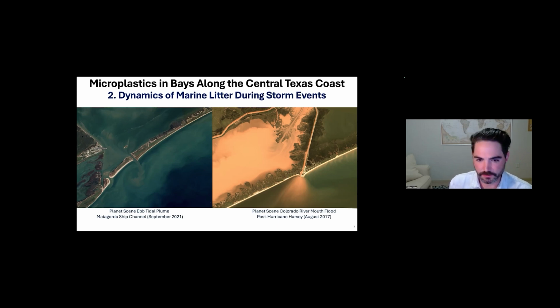So to summarize the first part, our lagoons are not as sticky as we thought they would be, as the geologic record would suggest. So we want to look where we see a lot of plastic debris, which is our shorelines. And we want to think about these storms as key events when this plastic is mobile.